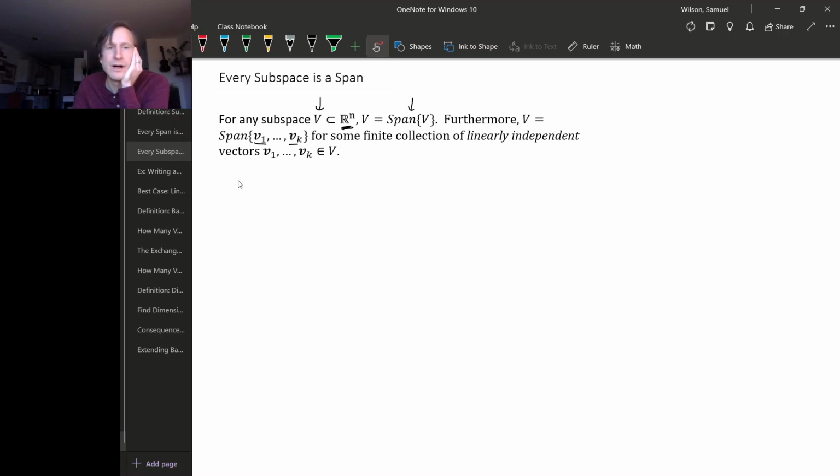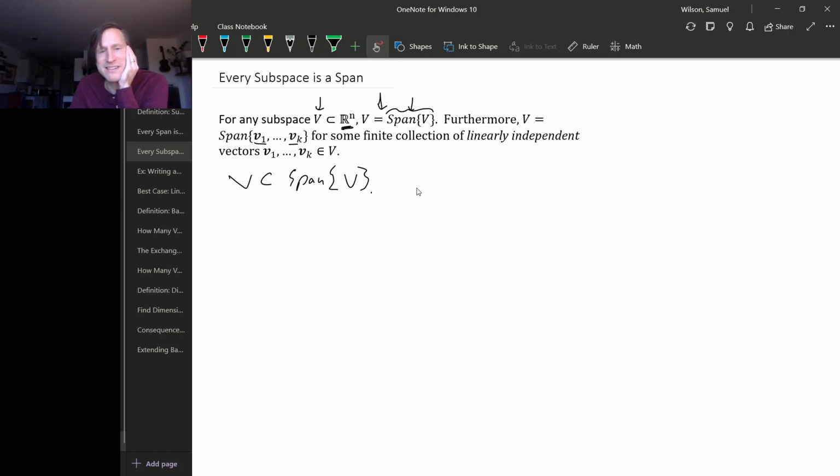So we have a subspace V, and I'm claiming that V is equal to the span of all of the vectors in V. So first of all, to check if this equality is actually true, let's check that V is contained in its own span.